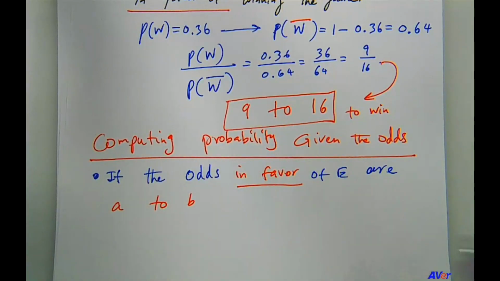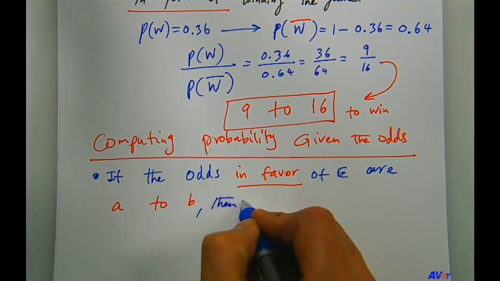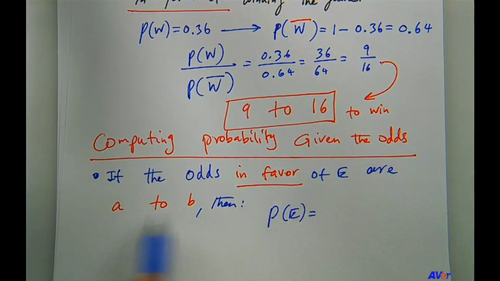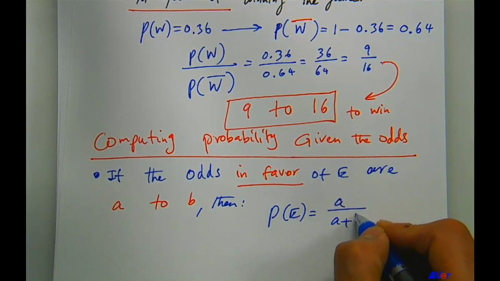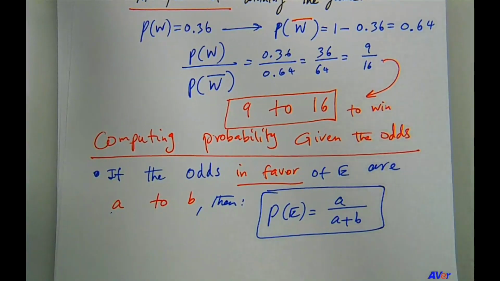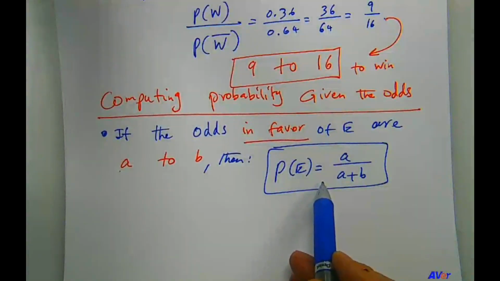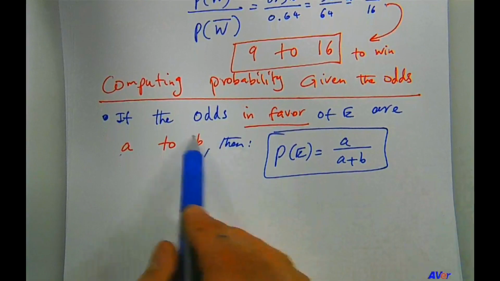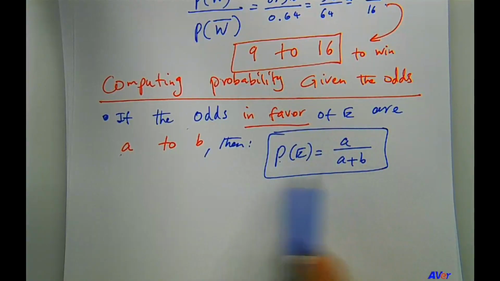If the odds in favor of some event were given like that, A to B is just to generalize those numbers, then the probability of E can be given using this formula, A over A plus B. So this is in favor of divided by A plus B, the summation of those, and that's going to convert this odd into probability that E will occur, or the probability in favor of E. You're converting the odds in favor of E to probability of E occurring, and that's the formula to do it with.